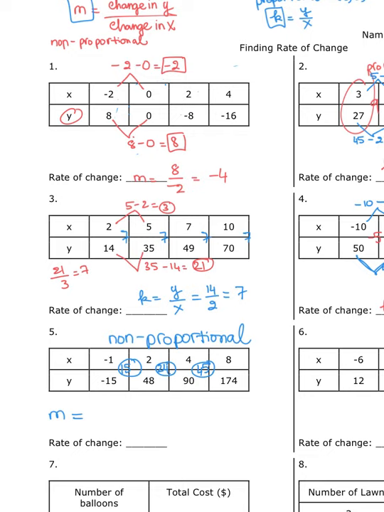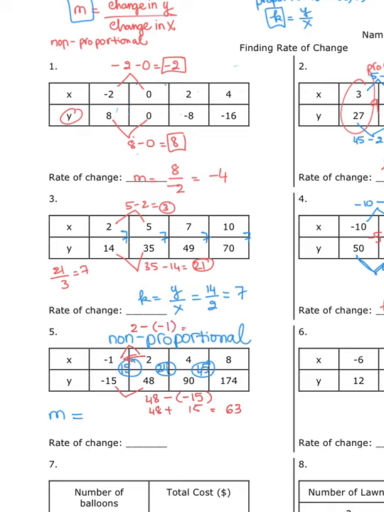So I will do change in Y. Okay, so I will take 48, subtract to a negative 15. Keep at opposite. I got 63. And now I'm going to find a change in X. If I take 48 minus the 15, that means I need to do 2 minus to negative 1.